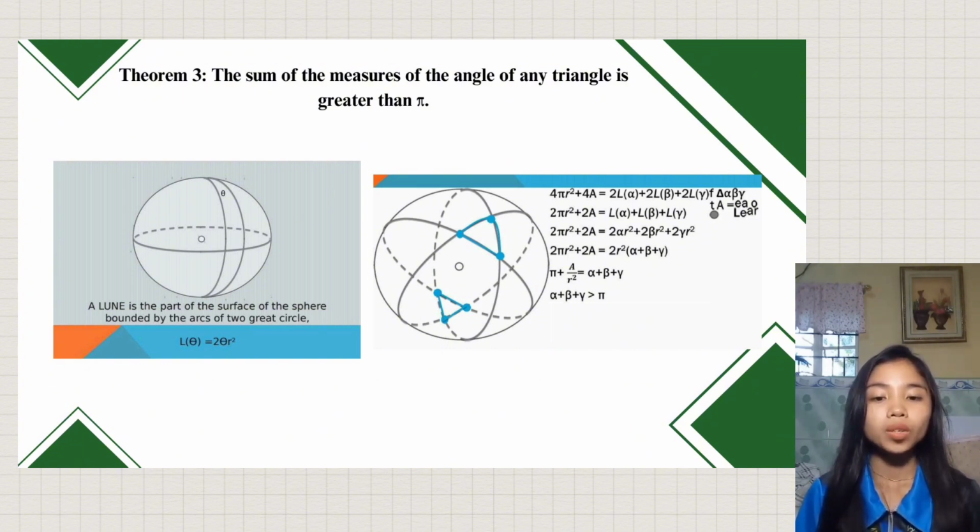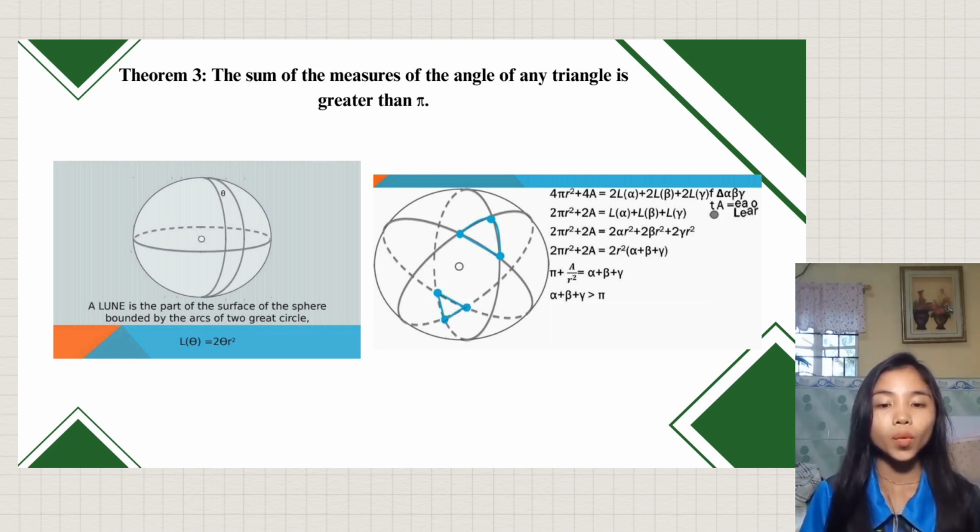Since they have the same factor in the equation, our 2r squared is outside and we put a plus b plus y in parentheses. So pi plus A over r squared is equal to a plus b plus y. So a plus b plus y is greater than pi, which is our answer. So what's the connection of this example to our theorem 3?